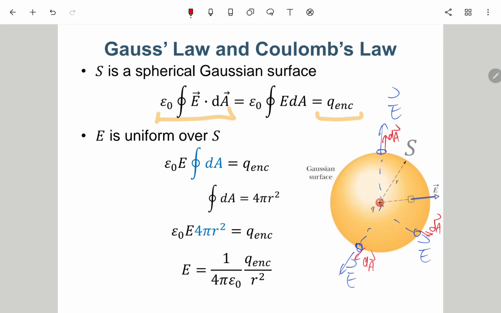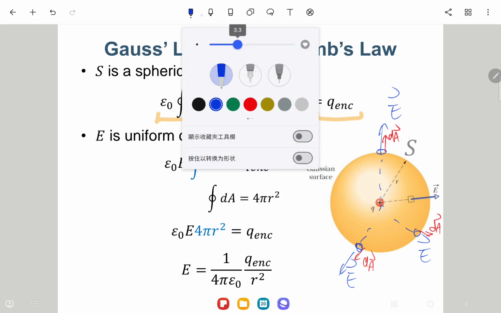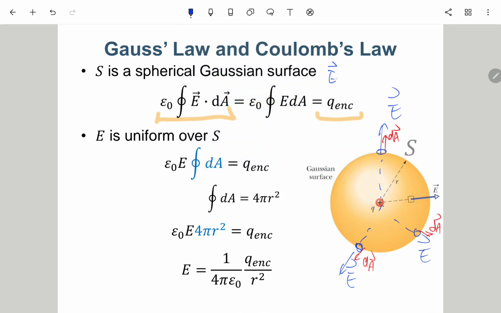We can quickly observe that this E and dA are all pointing in the same direction, which means E dot dA will be E times dA. Of course there will be cosine of theta, but we simply observe that all this theta will be 0 degrees, which means cosine of 0 degrees is 1, so E times dA times 1 will be E times dA.